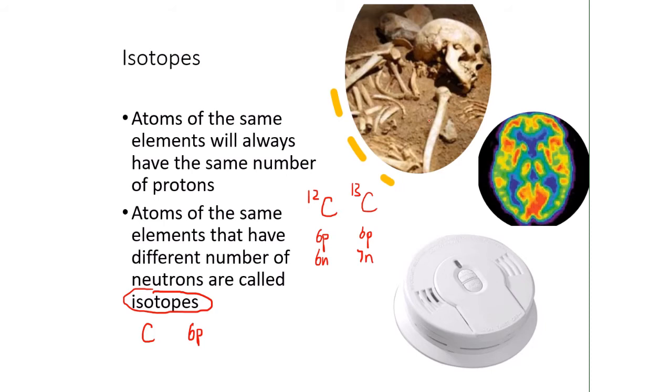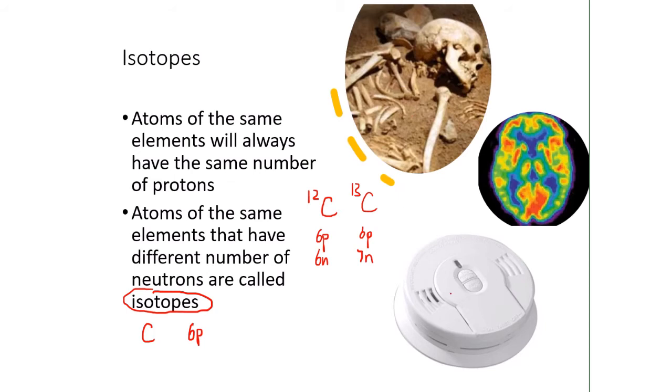naturally on their own. We call them radioactive isotopes, and those radioactive isotopes are particularly important for many applications that we have. For example, if there is an old skeleton that has been dug up and you want to know how old it is, you can use carbon dating to figure that out.